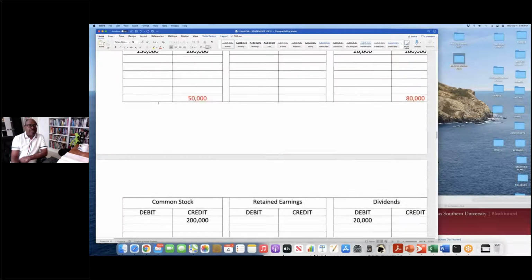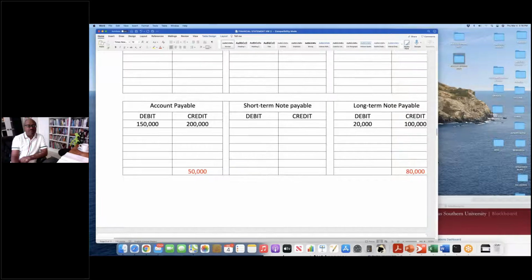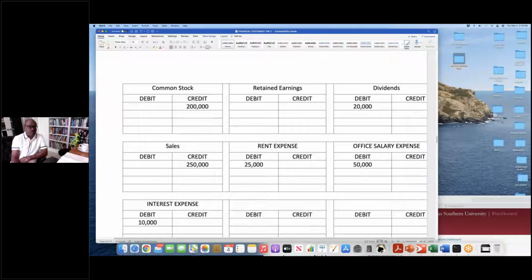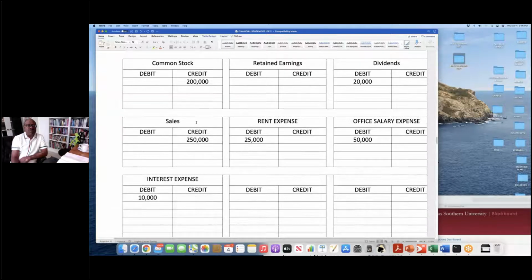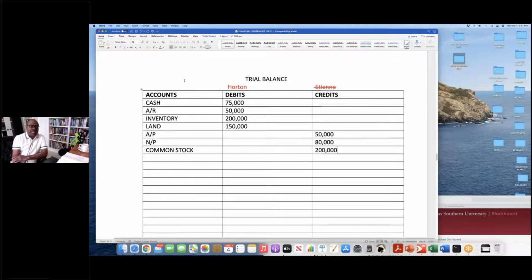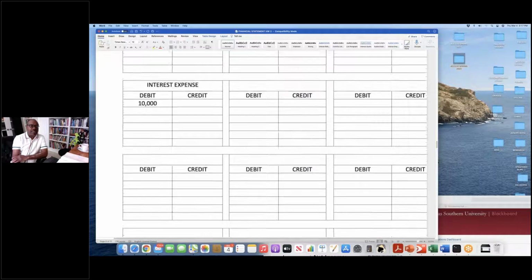And what's next? That's it for the liabilities. Now the stockholders' equity, and the next will be common stock, which is 200,000. And that will also be credited. So we're just going through this process so we can look at our balances and make sure we don't have any mistakes, that we're in balance.